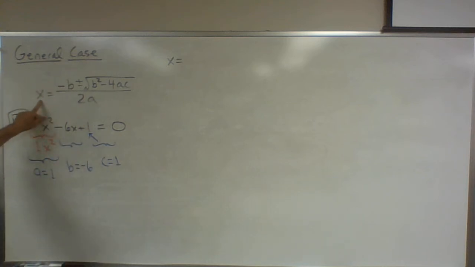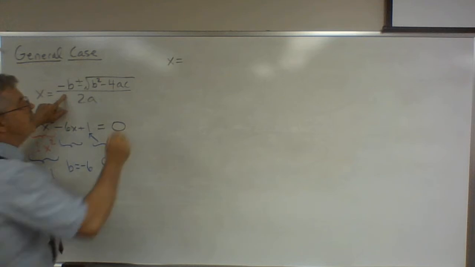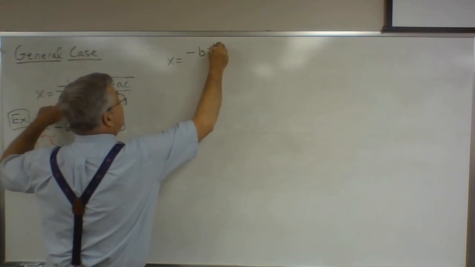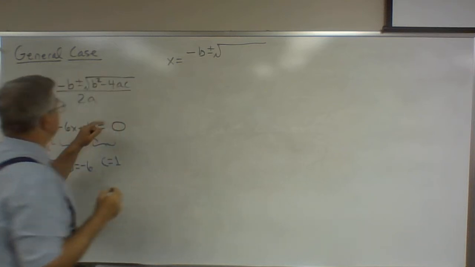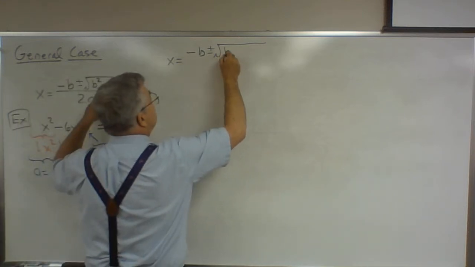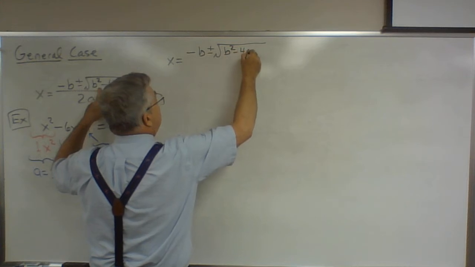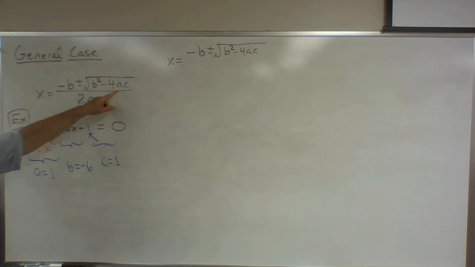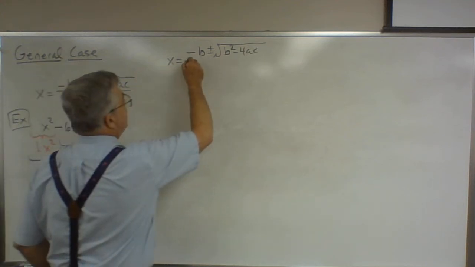The quadratic formula says that we get x equals negative b plus or minus the square root of b squared minus 4ac, all under the radical, and everything above 2a.